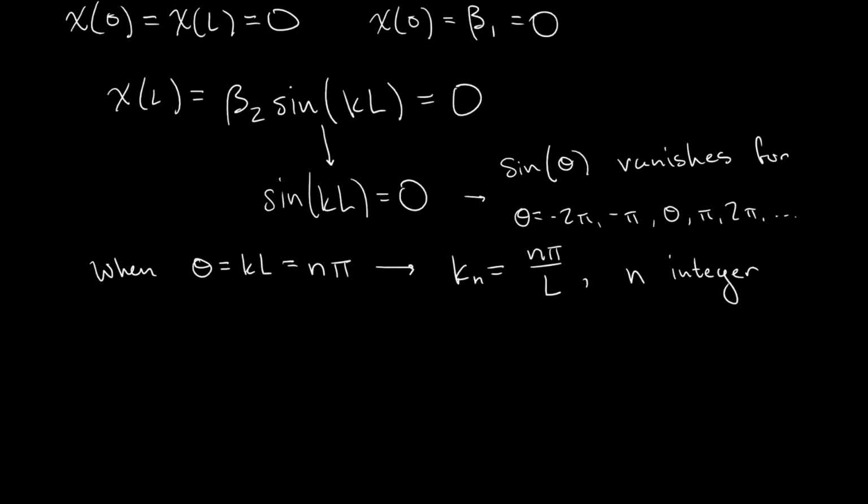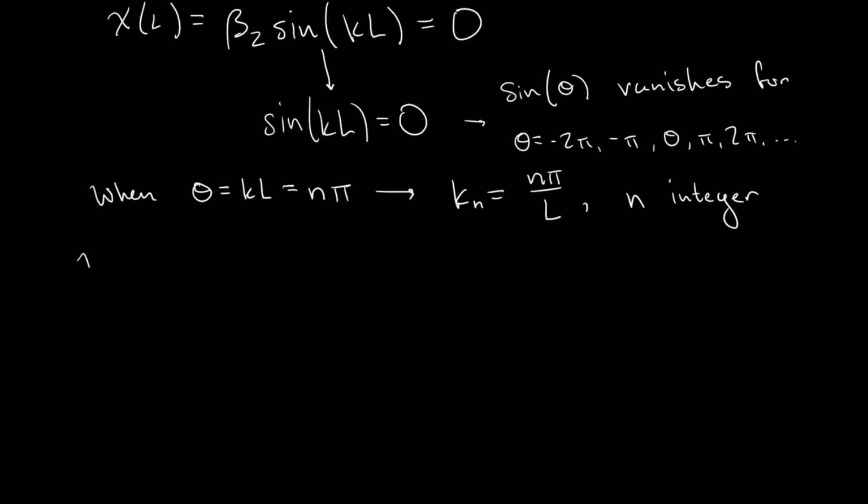So, writing this out quickly, we have that X of x is equal to some beta 2 times sine of n pi x over L. This ensures that both at x equals 0 and x equals L, the amplitude of our wave will vanish, just like we need. And I don't need to write that n is an integer, I'll just underline it here.